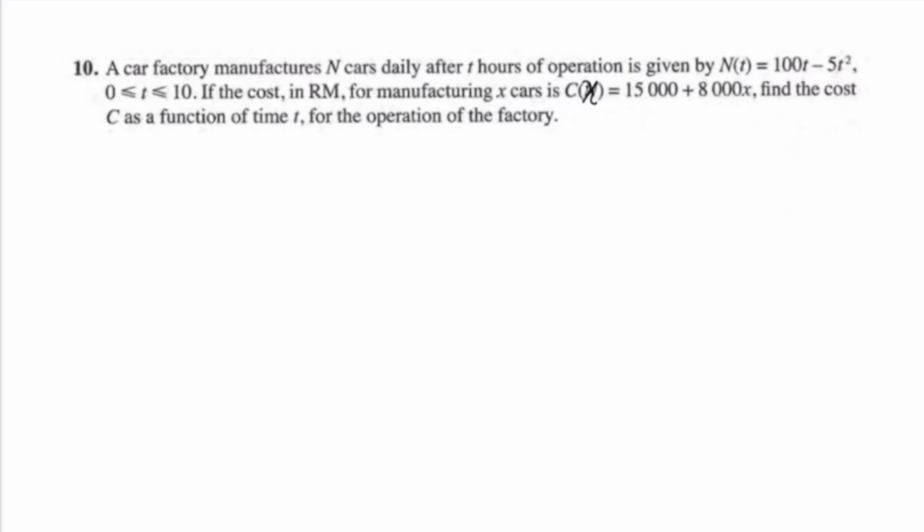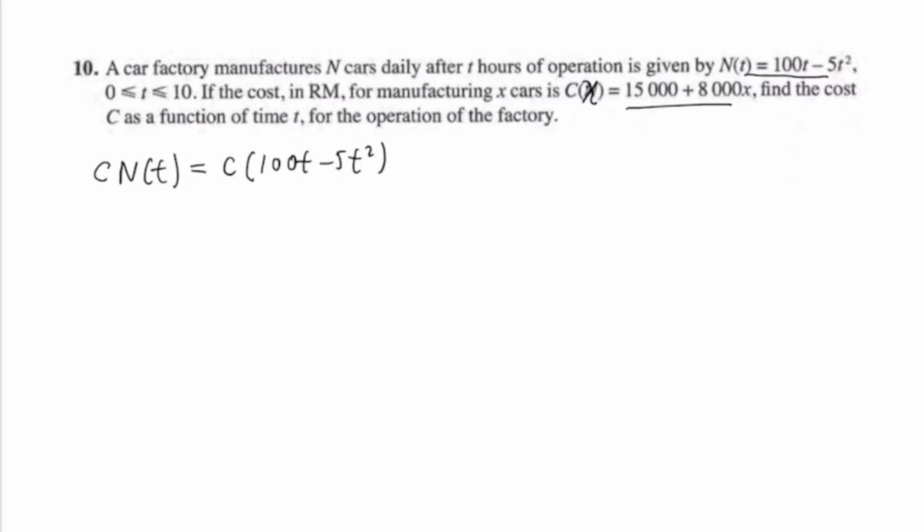Okay, very simple. I know the function for the number of cars manufactured in terms of time. C is the cost, right? So if you want to find C in terms of T, we basically put N inside C. N is 100T minus 5T squared, right?